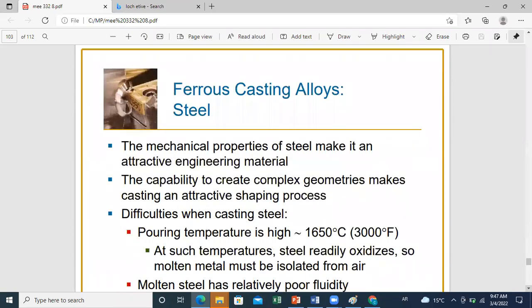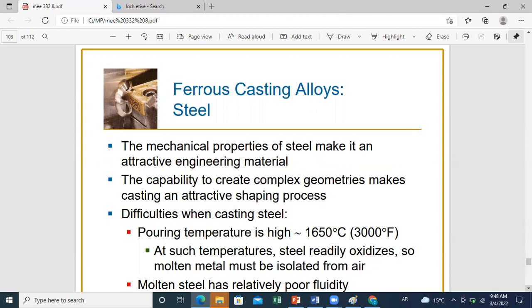Now, concerning ferrous casting alloys, the mechanical properties of steel make it an attractive engineering material. It allows us to create complex geometries, making casting an attractive shaping process. We might face some difficulties when casting steel because the pouring temperature is relatively high, so we need more safety factors, and we need to ensure that the mold can sustain such high temperatures.